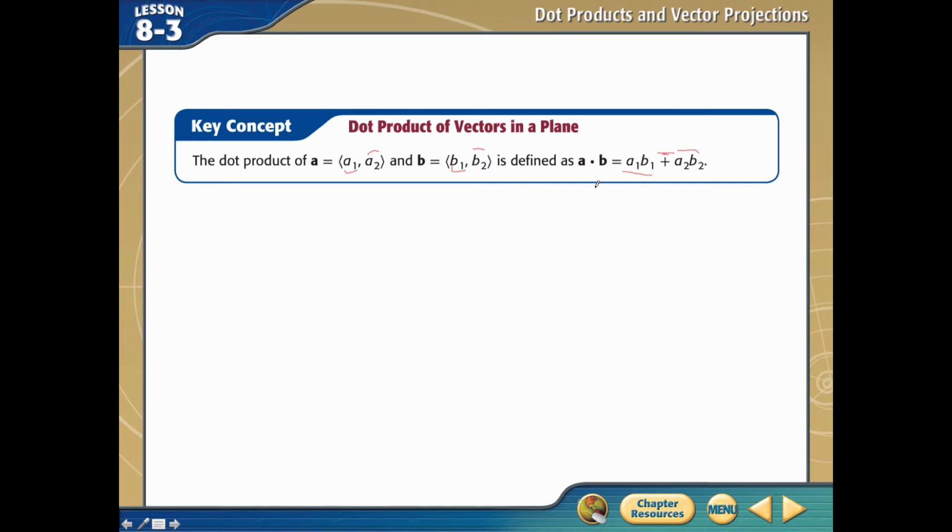So a dot product is a scalar. It's a number. It is no longer a vector. And the two vectors are orthogonal only if a dot b is 0. So when you calculate the dot product, if it's 0, the vectors are orthogonal.